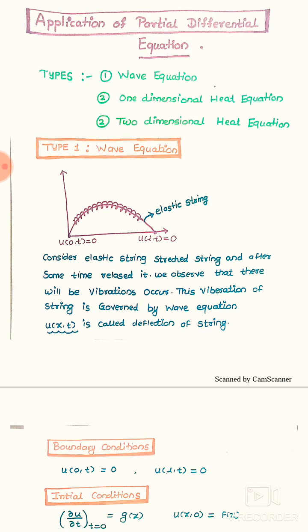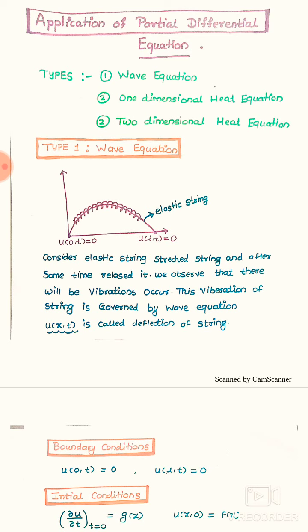deflection of string, and that deflection has the notation u of x,t. So u of x,t is called the deflection of string, and it depends upon distance x and time t. In the figure you can see u of 0,t is equal to 0. That means at the origin, distance is 0, at time t, so deflection is obviously 0.